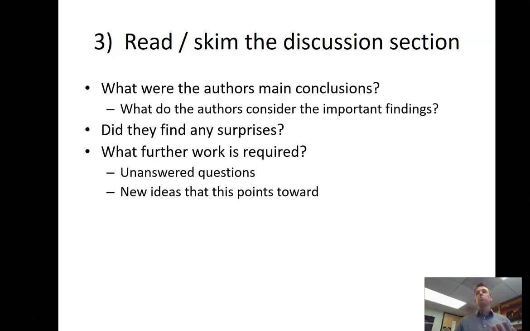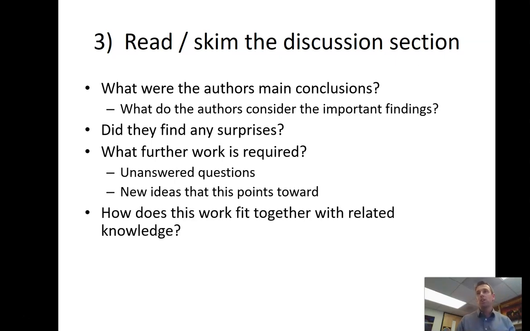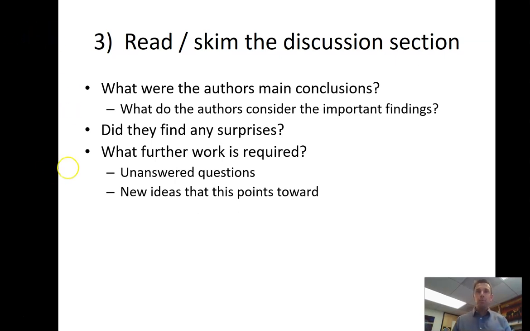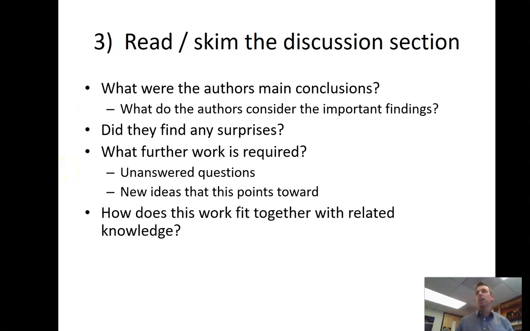This is actually important for y'all. Science is never done, so what things are important to address next? What things did they not yet address in this article? All right. And then finally, it'll put it back into context. But what we're really interested in, in order to understand this article, is what the main conclusions were and what's still needed.